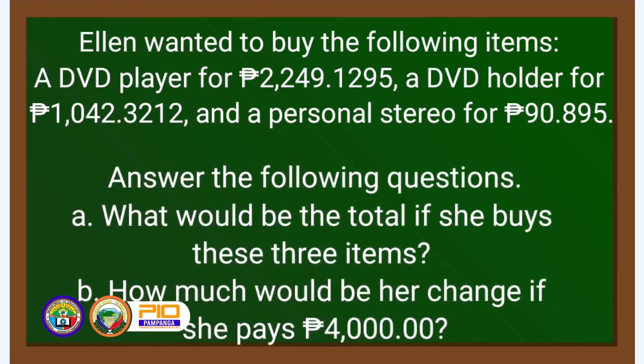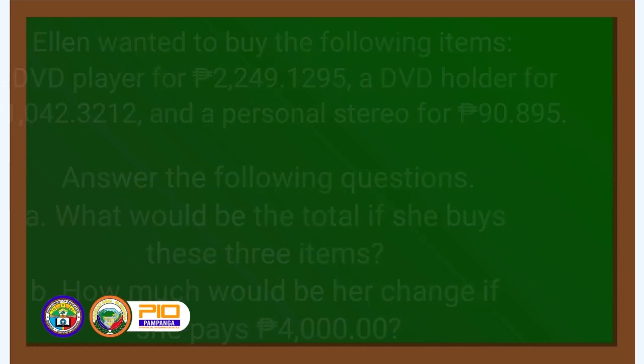Answer the following questions. Letter A. What would be the total if she buys these three items? Letter B. How much would be her change if she pays 4,000 pesos?